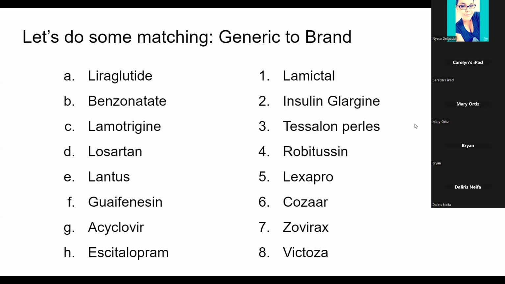Or they'll switch to something else like an SNRI or another mood medication. So yes, SSRIs like escitalopram and Lexapro work very well for depression. They work very well for anxiety disorders. So we're talking even generalized anxiety, PTSD, OCD, obsessive compulsive disorder. They can all be treated with SSRIs.